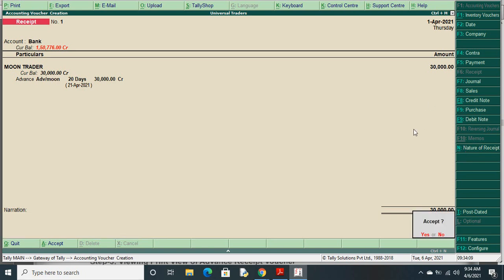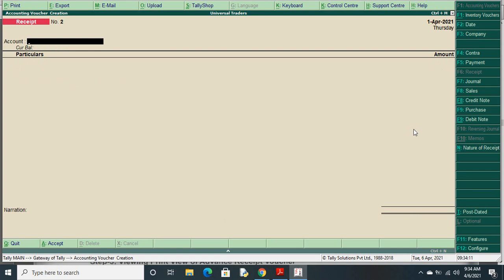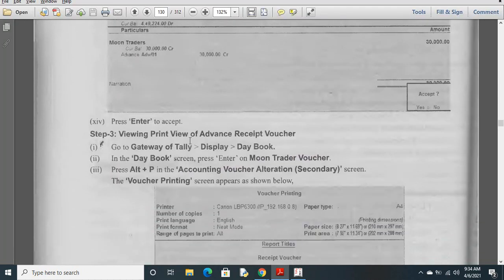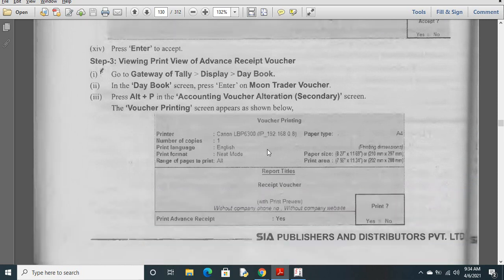Advance voucher. Okay, let it be. We'll see. Next, where do we have to go? We have to go to advance receipt voucher. How to get this advance receipt voucher? We'll check once again. Okay.